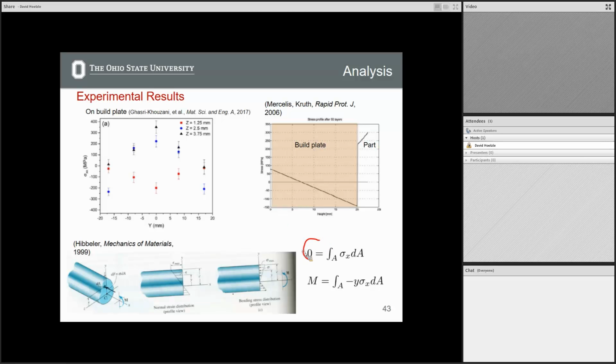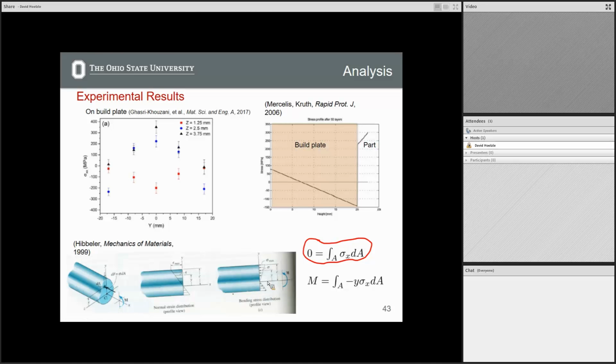If we look at the individual stress on a small unit cell, and do a summation over the entire area of that cross-section, we should get 0. We can also calculate the moment, or equivalent moment, to keep this in static equilibrium as well. That is the moment coming from the other part of this beam that's not here.